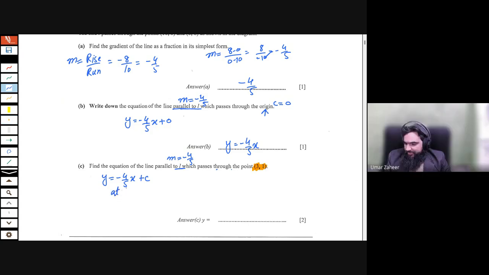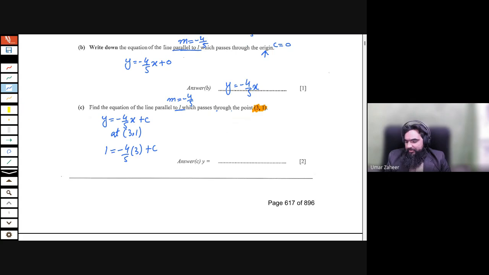So at (3, 1), the y value is 1, which is minus 4 over 5 times 3 plus c. So it will be minus 12 over 5 plus c. On the other side it will be plus 12 over 5, so 5 times 1 is 5, plus 12, it will be 17 over 5. So my equation will become y is equal to minus 4 over 5 x plus 17 over 5.